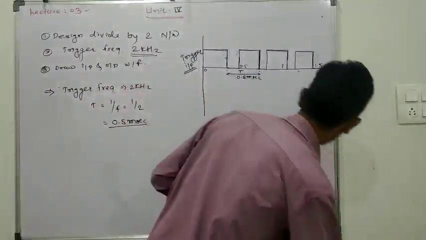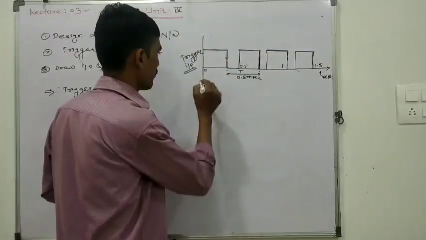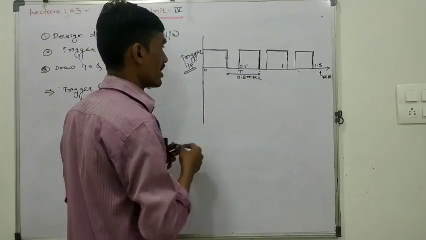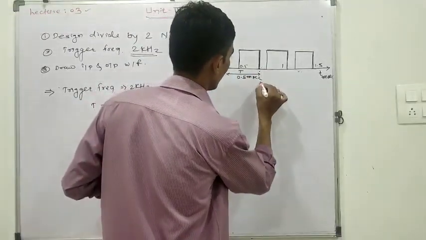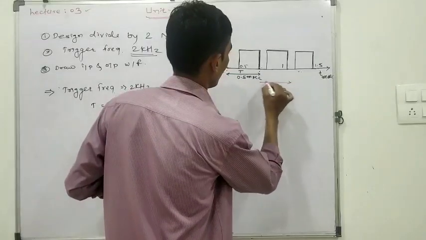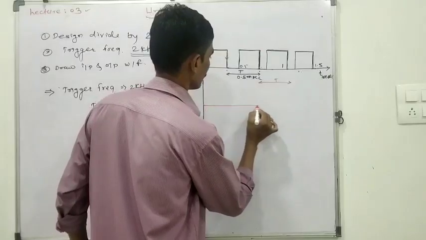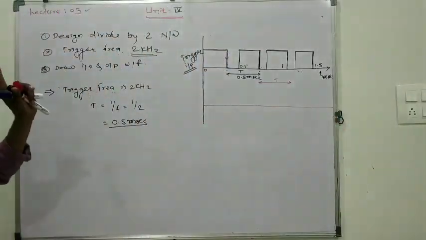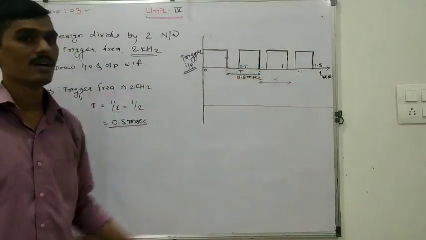So we require an output. How do we require the output? Let's just draw it. We require output with half the frequency. That means we require a double time. This is T again. This is also T. If you look at the input waveform, this is a single cycle and this is the second cycle.